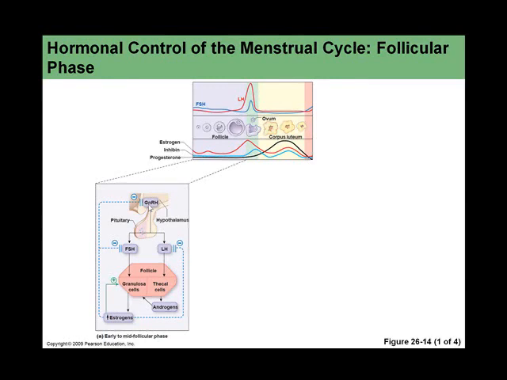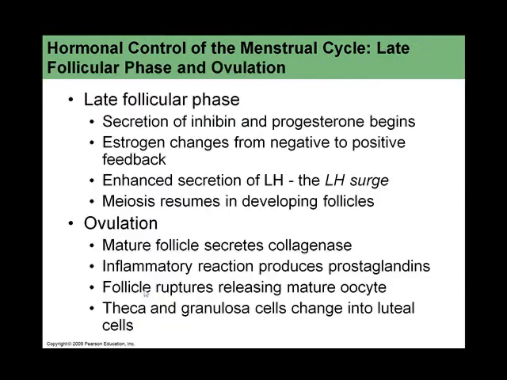They don't get any higher than a little bit that's synthesized and the exogenous supply provided by the oral contraceptive pill. They never get high enough, as we'll see, in the late follicular phase to trigger the positive feedback. And they prevent the LH surge.